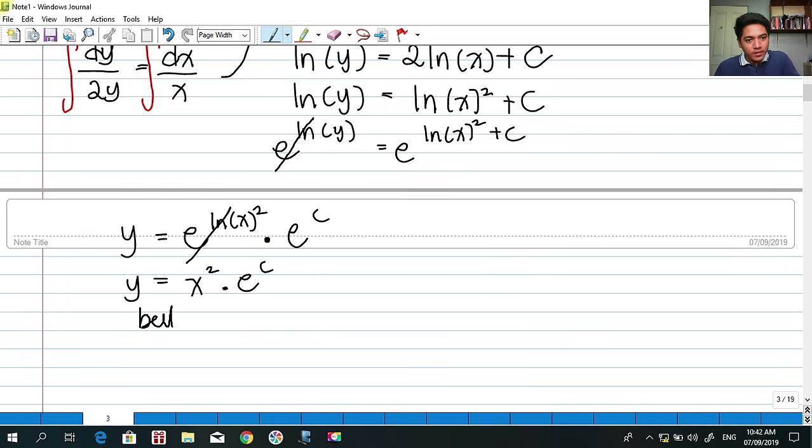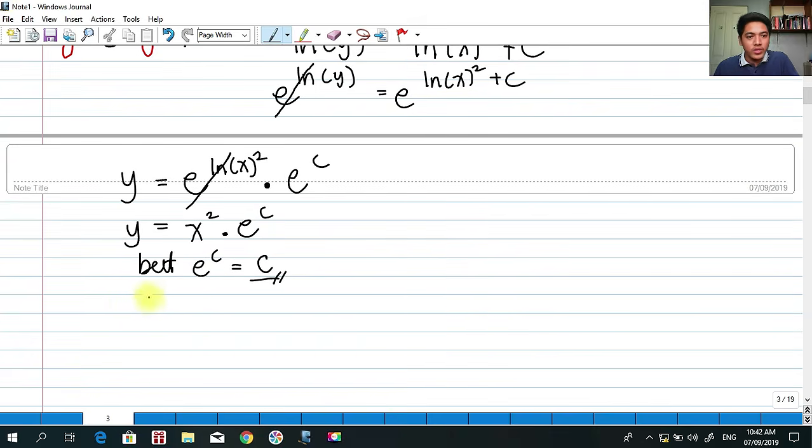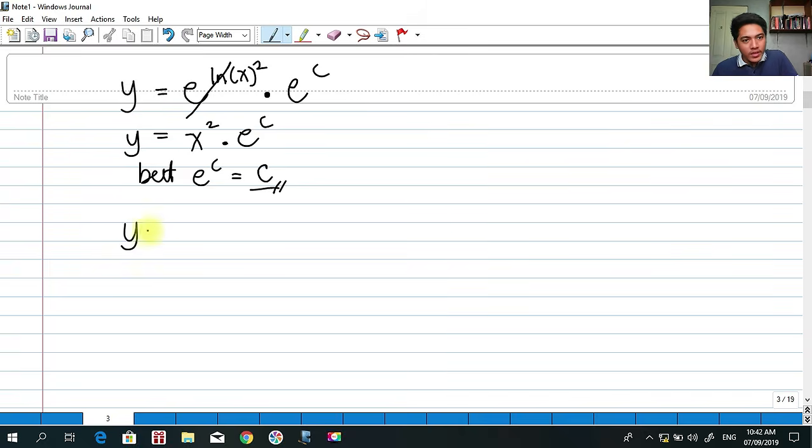But e raised to c is still simply equal to a constant. So, in other words, we have an answer: y equals cx squared.